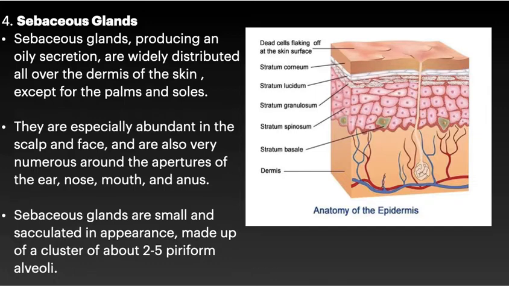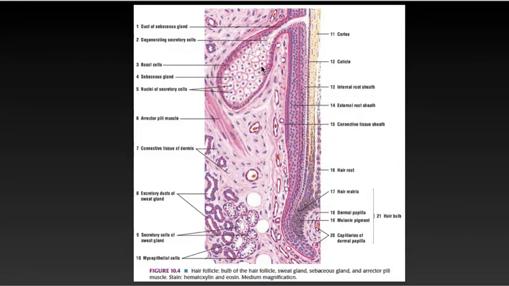Sebaceous glands are small and sacculated in appearance, made up of a cluster of about 2 to 5 pyriform alveoli. Right. Can you see here? These are your ceruminous glands, sebaceous glands.